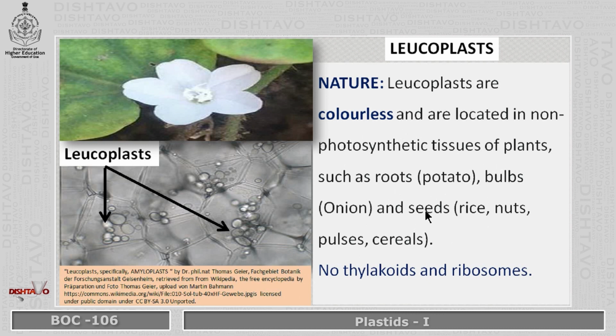We have bulbs like the onion, rice, nuts, pulses, cereals, the different seeds, in other words.